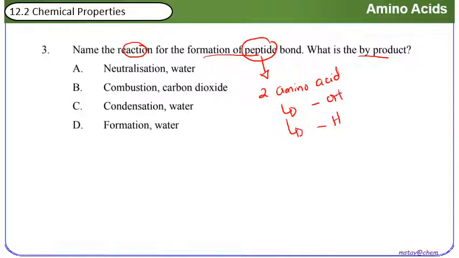This hydroxyl will be from the carboxyl group and the proton will be from the amino group. So when this happens, the process is known as condensation, by eliminating a small molecule, which is the water. So the answer is C.